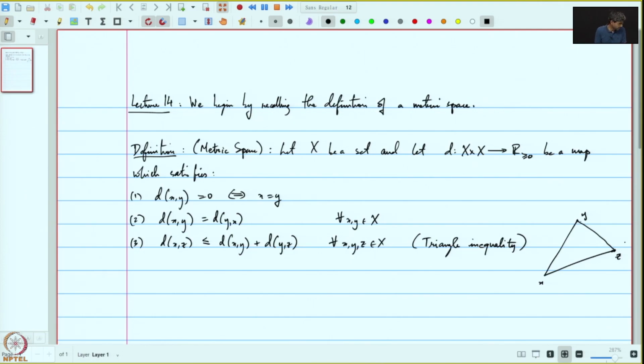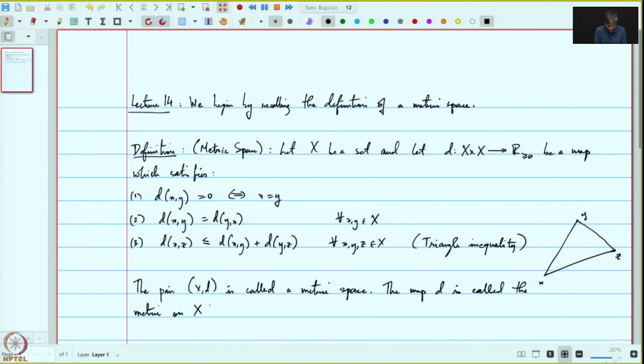If these three properties are satisfied, then the pair (X, d) is called a metric space, and the map d is called the metric on X, or the distance function.